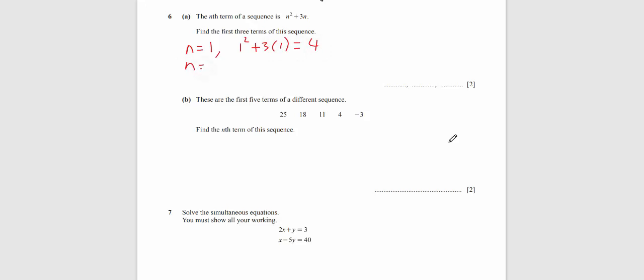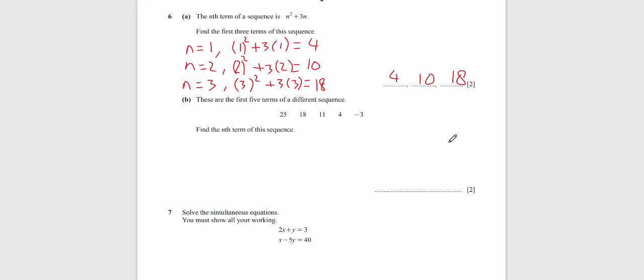For the second term, n equal to 2: 2 squared plus 3 bracket 2, which is 10. And the third term is n equal to 3: 3 squared plus 3 bracket 3, which is 18. So the first 3 terms will be 4, 10, and 18.